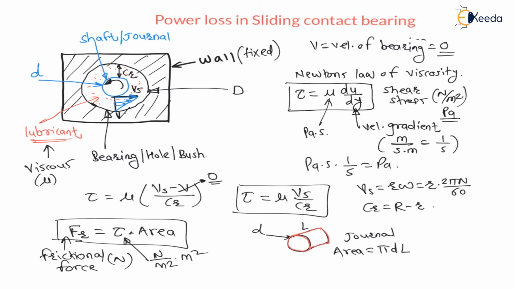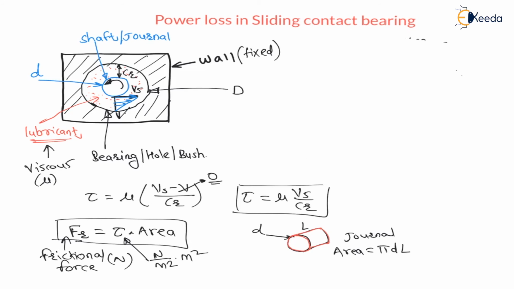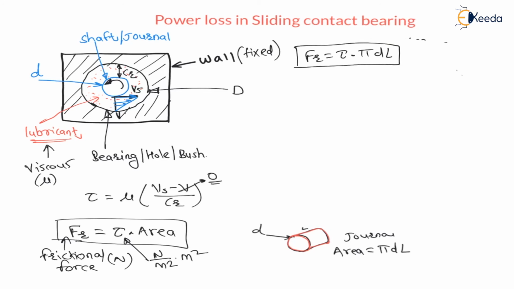Therefore we can calculate frictional force. Once you calculate frictional shear stress or torsional shear stress, the frictional force will be equal to tau into area, which is pi d L. This is how we can find frictional force. And my dear students, we know that torque, represented by capital T, is nothing but frictional force into radius of shaft.